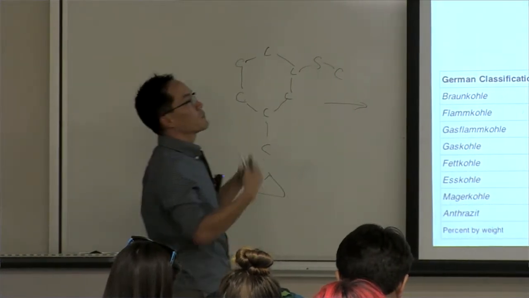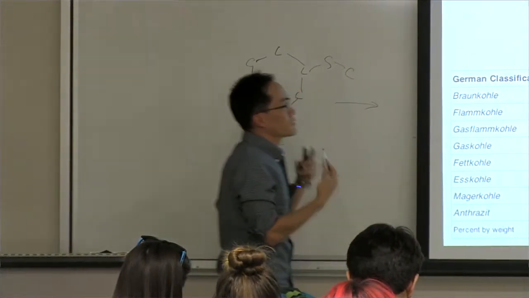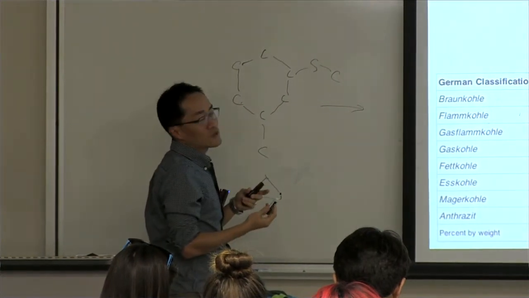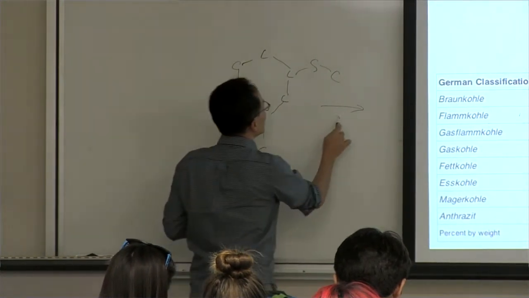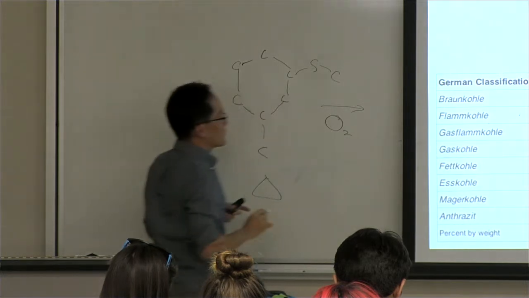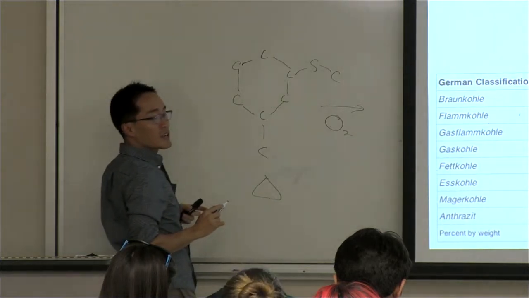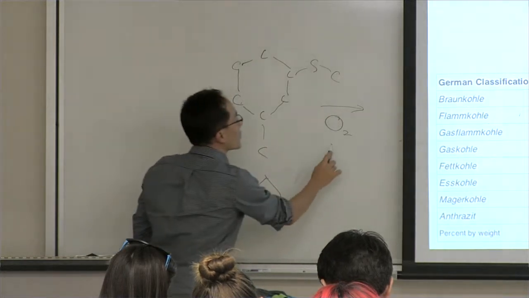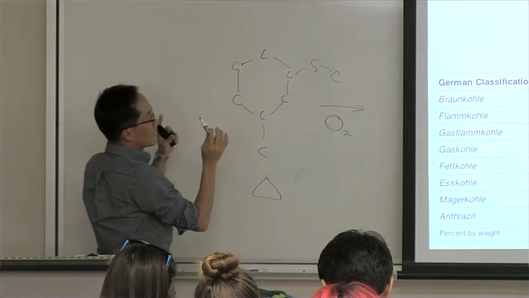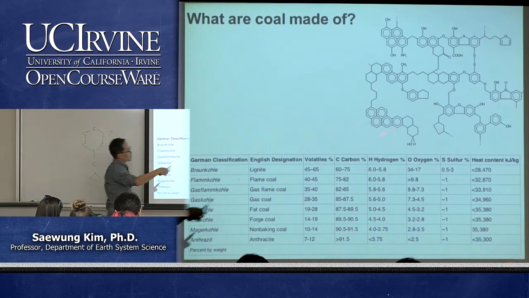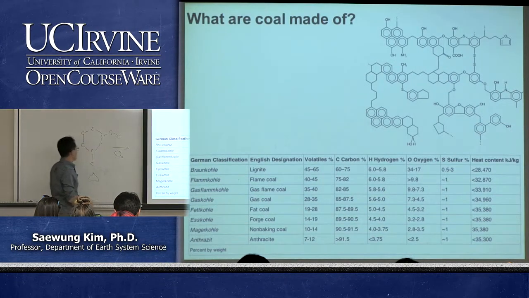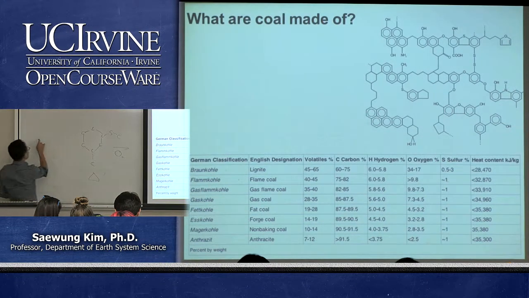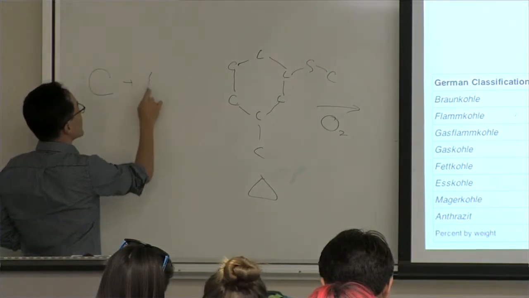If you heat it up and react it with some specific compounds, there's molecular oxygen in the atmosphere that combines with this thing. So what are you going to get in terms of carbon, and there's oxygen?